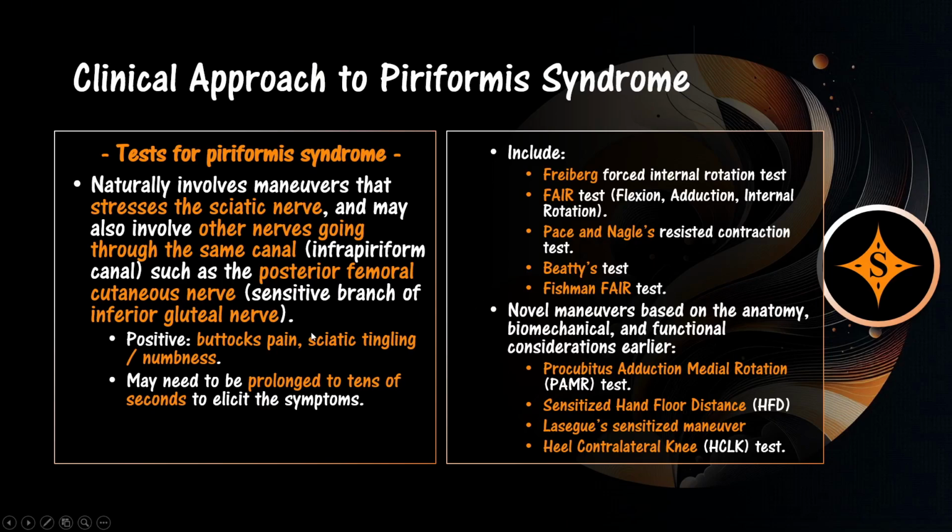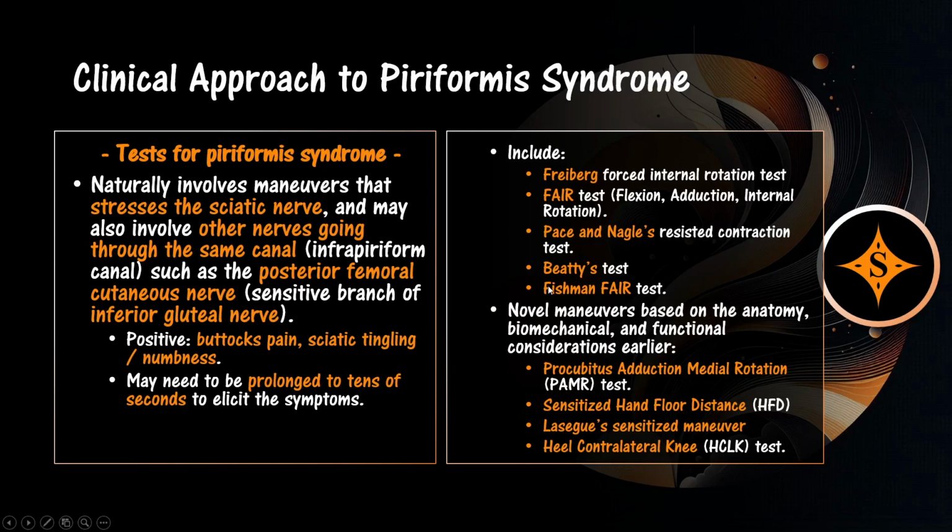And usually, as we've mentioned, truncated sciatica, where the pain is distributed interruptedly along the leg instead of in one intact radiation of pain. And these tests may need to be performed for tens of seconds to elicit the symptoms.